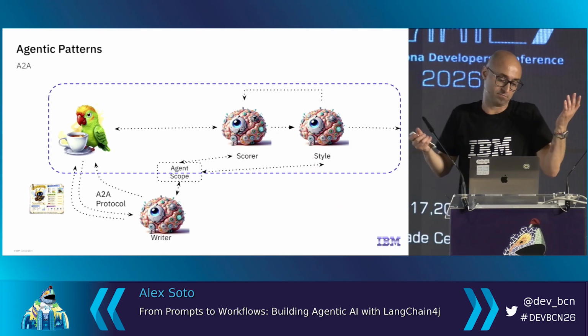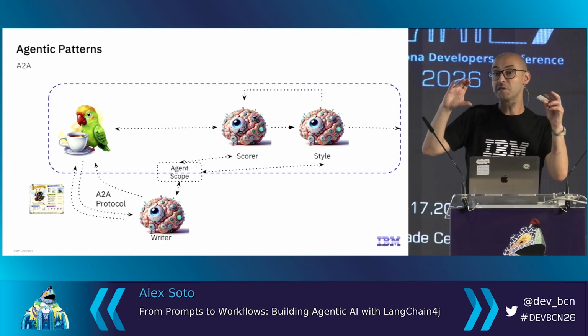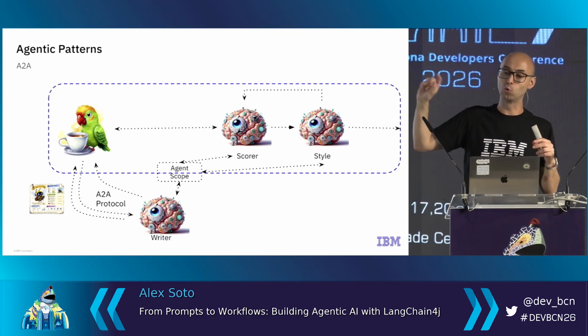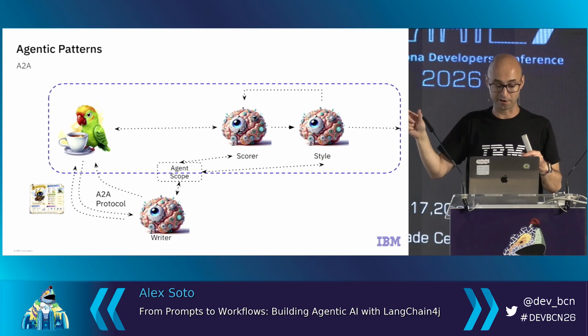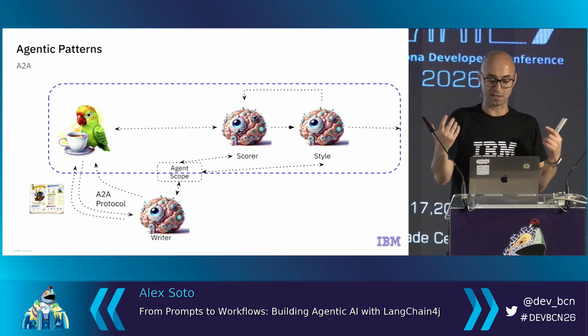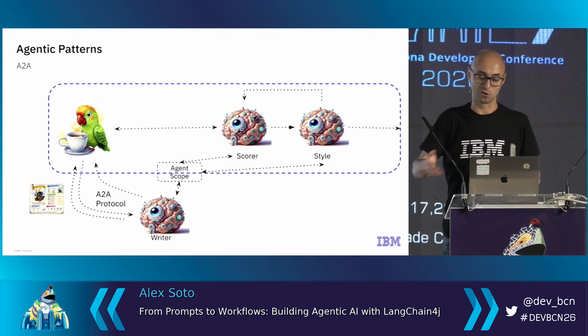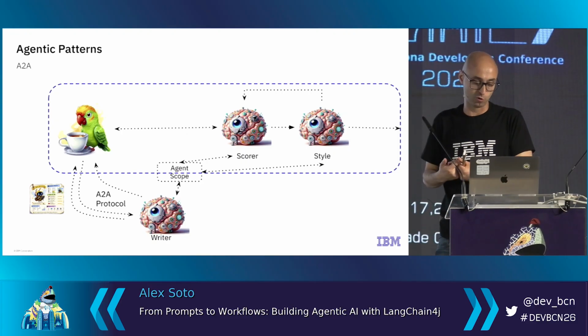So basically, it works something like this. I've got, in this case, a monolith application that requires two models, the scorer and the styler, but then I've got another model, which is the writer, which is a model that knows how to write books, but it's remote. So my application will do a remote call to the writer.